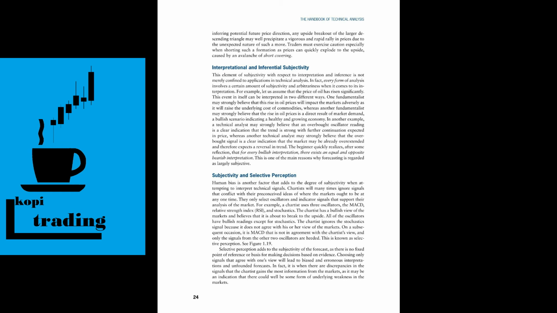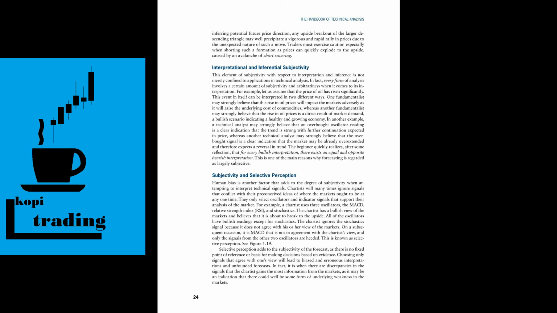See Figure 1.19. Selective perception adds to the subjectivity of the forecast, as there is no fixed point of reference or basis for making decisions based on evidence. Choosing only signals that agree with one's view will lead to biased and erroneous interpretations and unfounded forecasts.